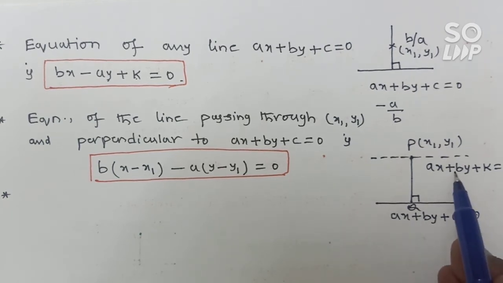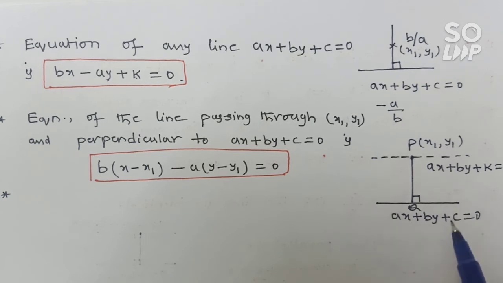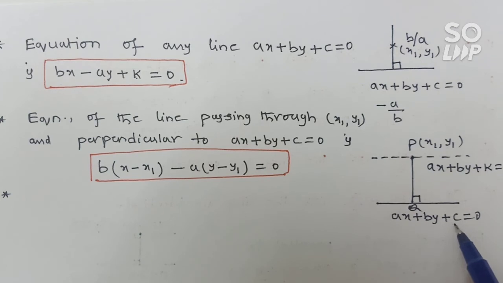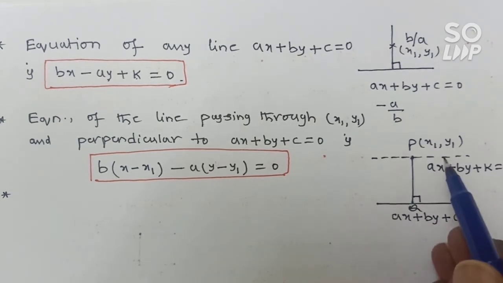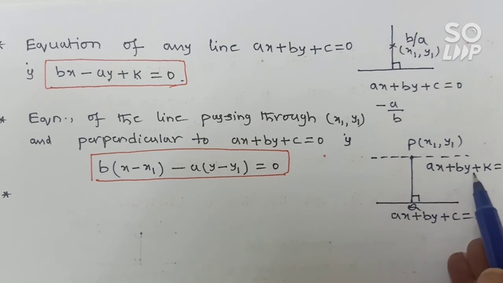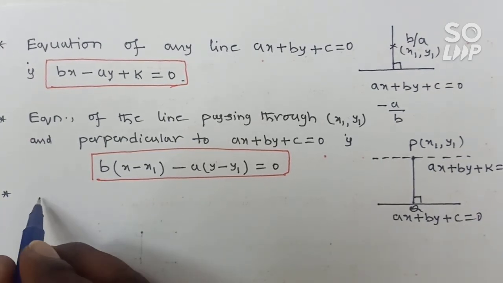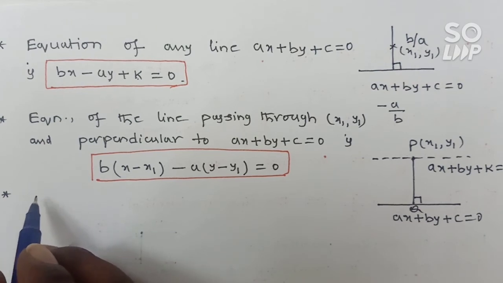Already I told you how to find the distance between parallel lines. This is c1, this is c2. Modulus of c1 minus c2 by root of a square plus b square, according to that formula. So after that you substitute this point in this value, you can find the k value. So here I am directly writing this value.